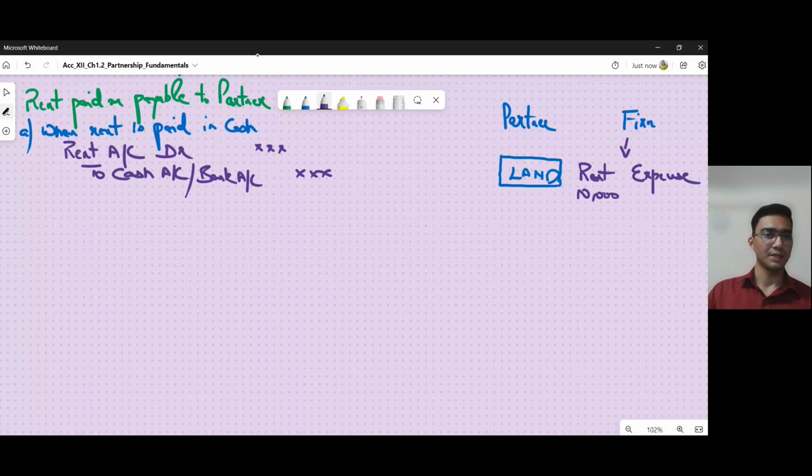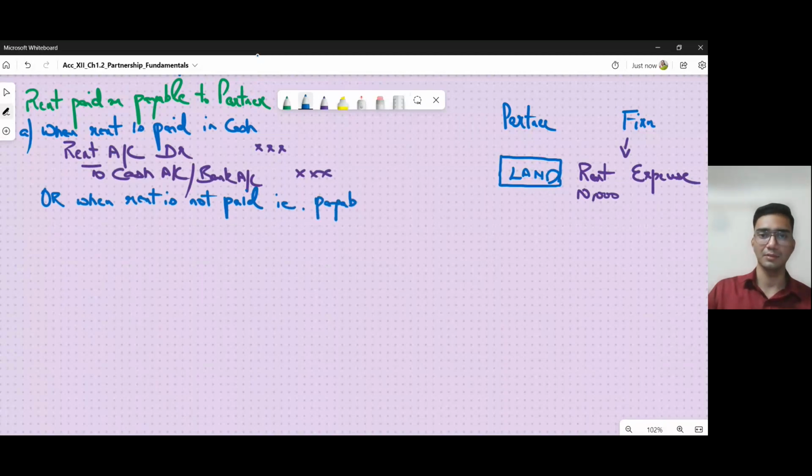Suppose the rent is not paid. That means it is outstanding. So if it is outstanding, what will I write? Again, I'm going to create an outstanding rent account. So when rent is not paid, that is payable.